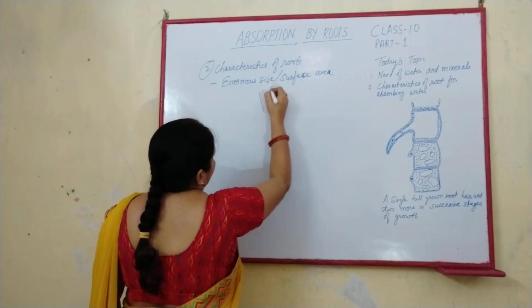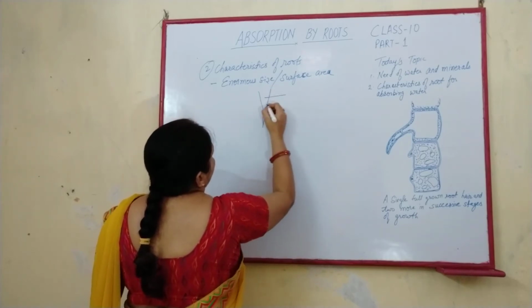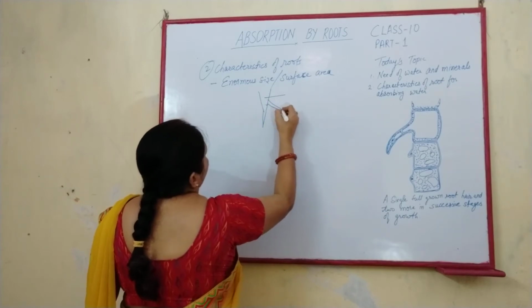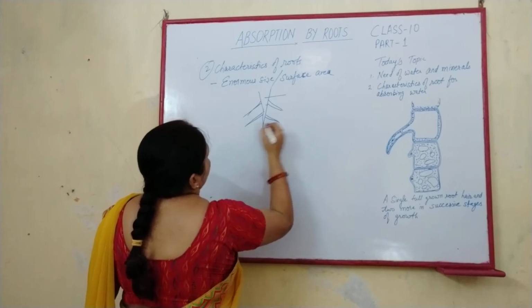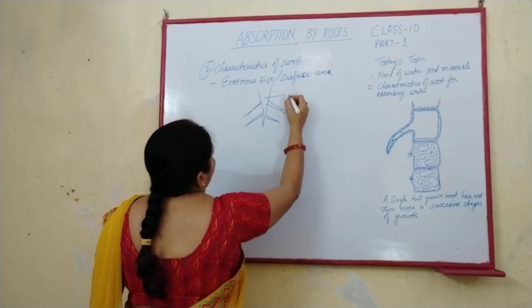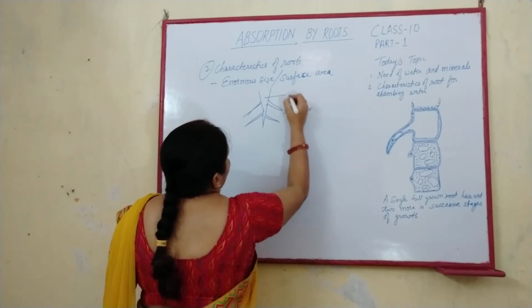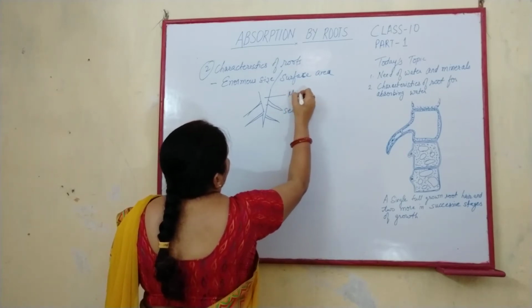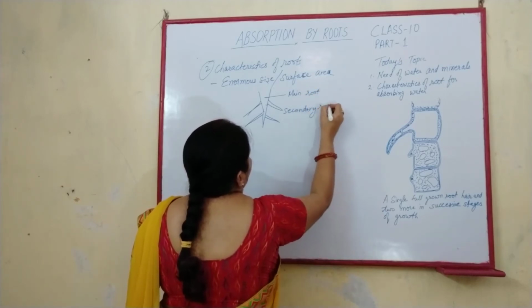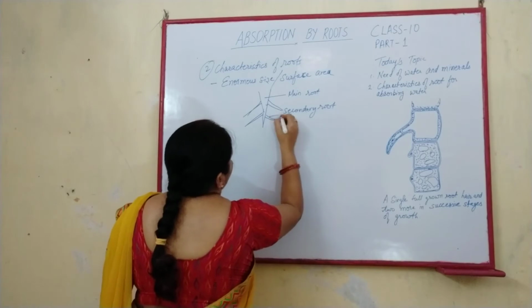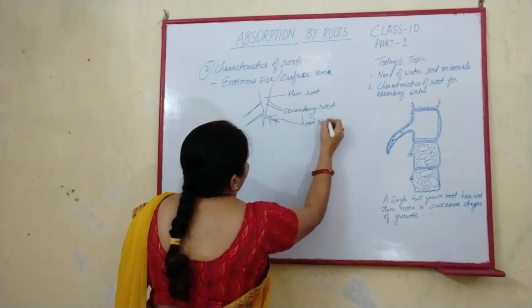In a root, this is the main part of the root, from which the adventitious or secondary roots arise. And from here the root hairs arise.